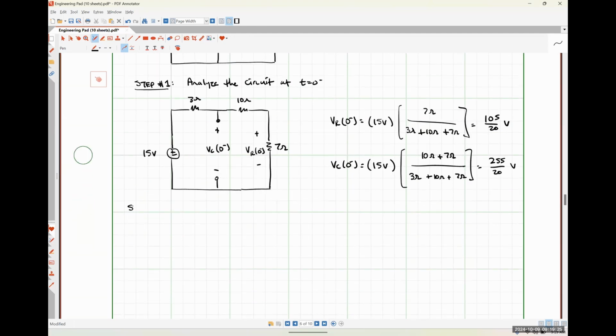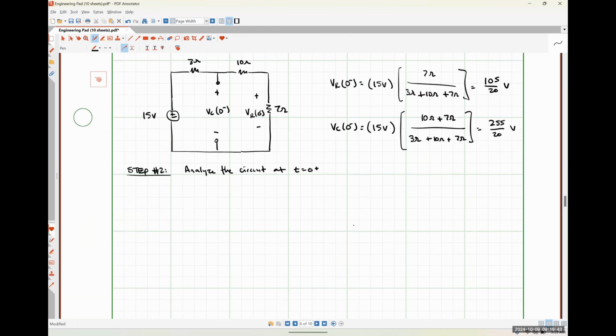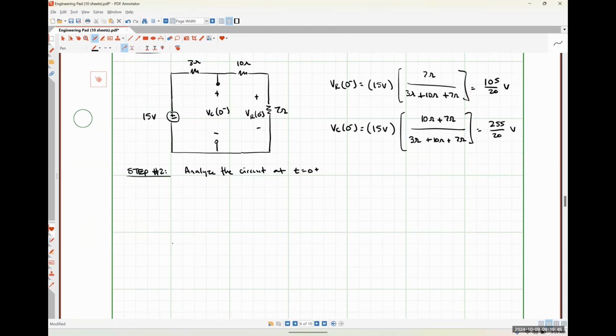All right, step number 2. So here we are going to analyze our circuit at t is equal to 0 plus. Okay. So at t is equal to 0 plus, our 15-volt source is disconnected.